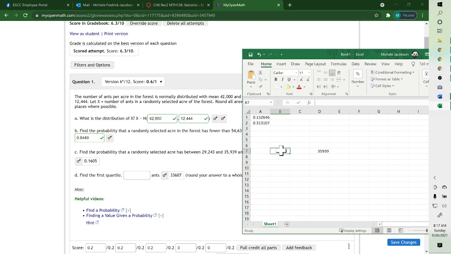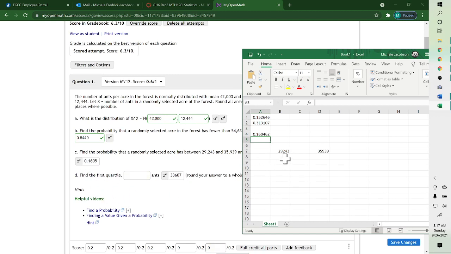Below this one, 29243, is the 0.152. So if we subtract, then we have what's in between them. So right here we can go equals, and you click on this number minus this one and hit enter. And then it gives you your 0.1605.